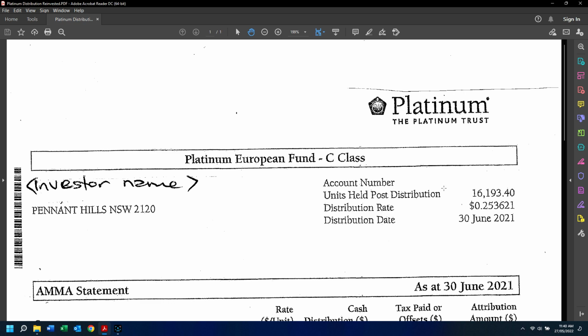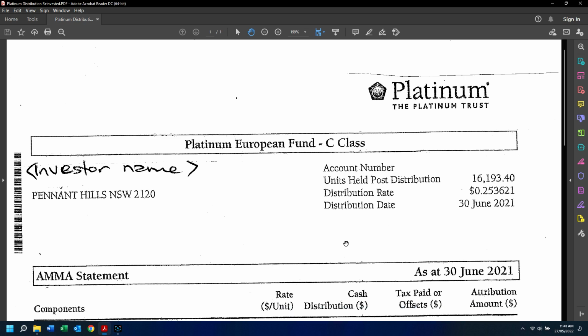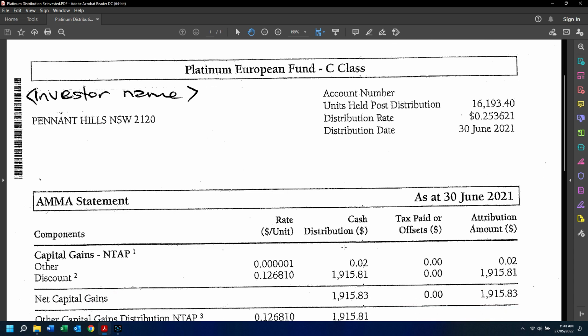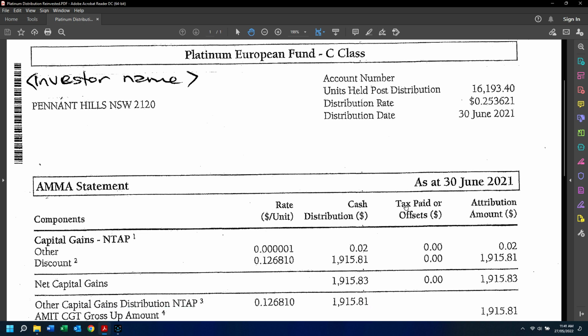In this case it's only an annual distribution, so the tax statement and the distribution notice are one and the same, and we can see that the sum of the distribution is $3,831.64, and that further units have been allocated.